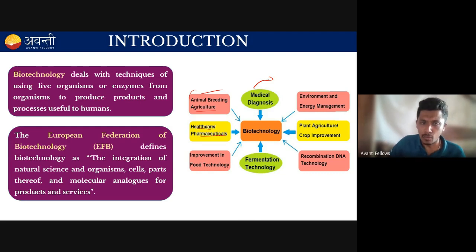Healthcare and pharmacy, that's what we talked about. Improvement in food technology. For example, the rice we eat is not just made up of carbohydrates, it is made up of many other things, for example proteins, vitamins, and minerals. And why are we getting all these things? We are not supposed to get them naturally, but we are getting these sources of minerals and good nutrients because we are trying to fortify.